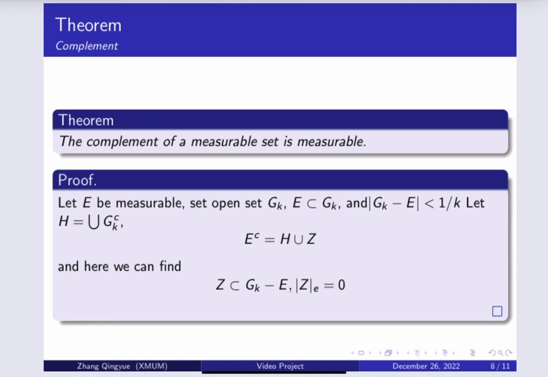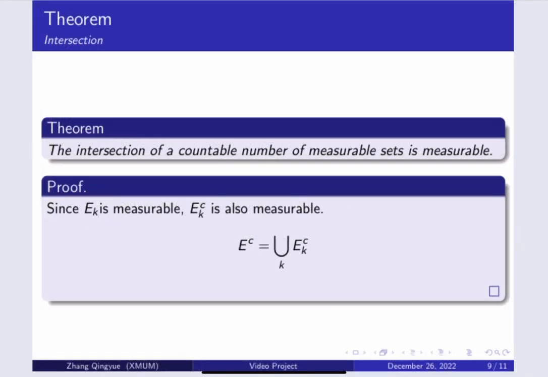We write the complement of E as the union of two measurable subsets, so the complement of E is also measurable.